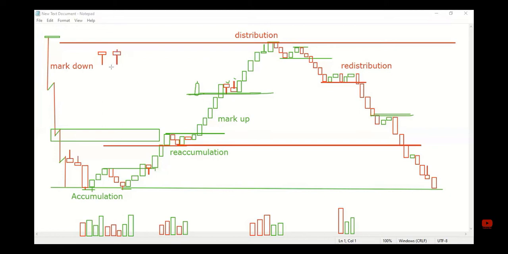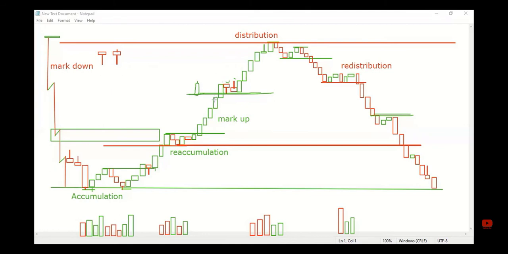Two types of hammer candle we see in the market when the market is strongly in an uptrend. So this is our signal candle. What will our volume condition be? Our volume must be higher than the previous two candlesticks' volume, or lower than the minimum of the previous two candlesticks' volume.